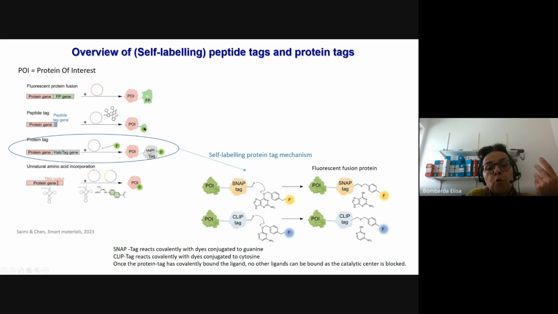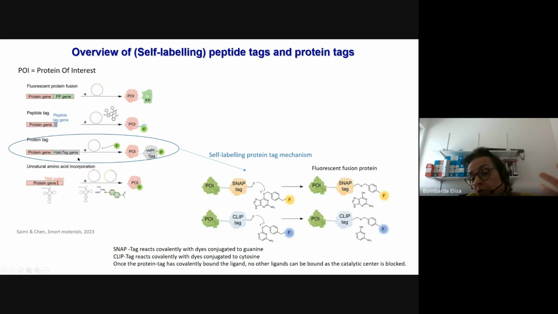That is the difference. For certain purposes it can be more interesting, and then it depends on your system and what you want. You have just to consider several options.